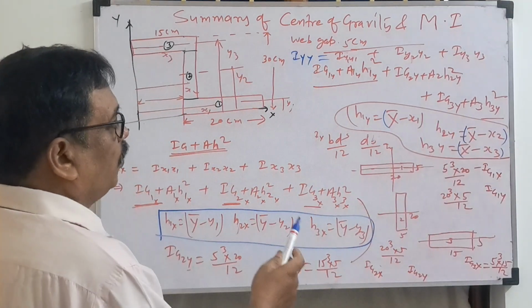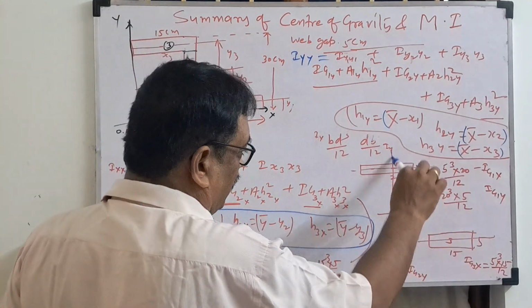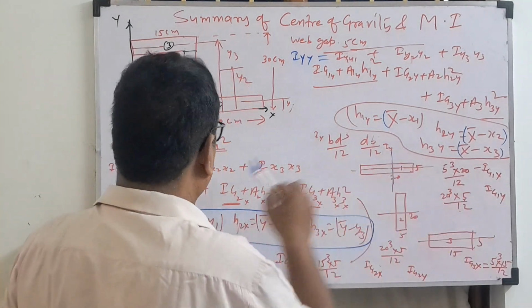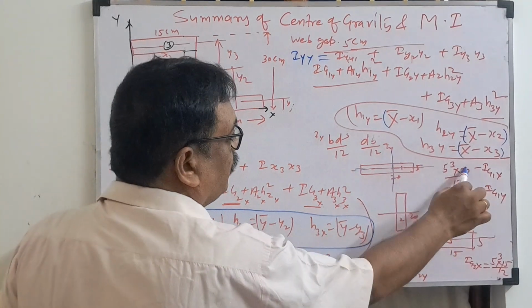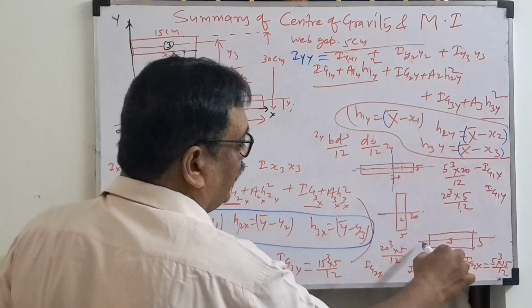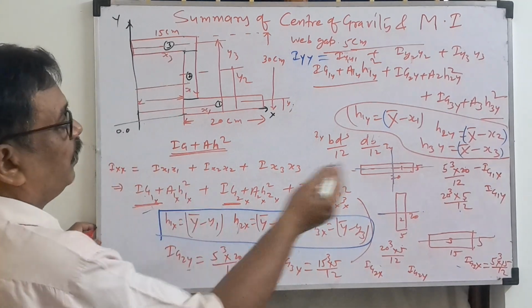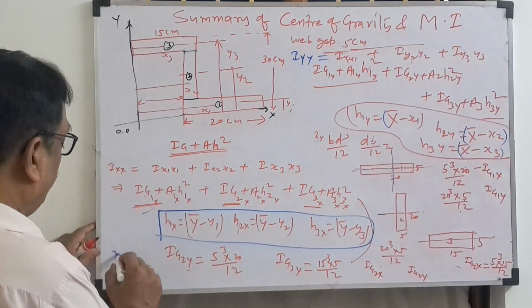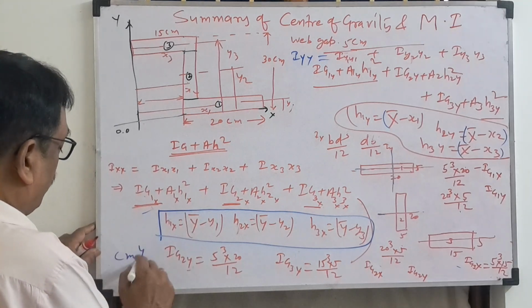This is the main thing. How do we get Ig1y? Vertical line, 20 cube 5 by 12. For Ig1x, horizontal line, 5 cube 20 by 12. If you substitute this, you will get the moment of inertia. You will get very big terms. Suppose the unit is centimeter, then the unit will be centimeter power 4.